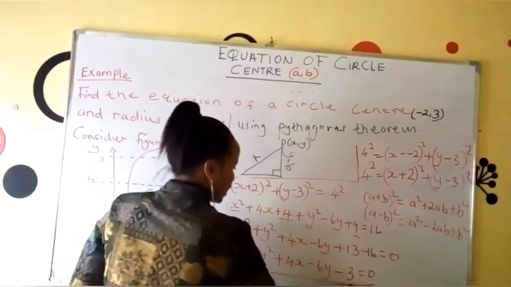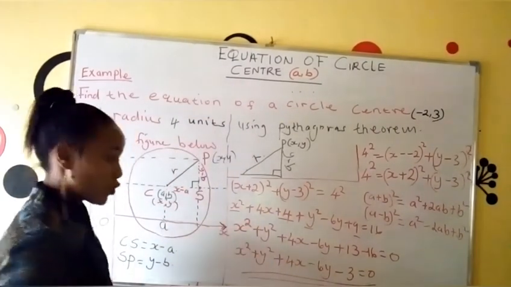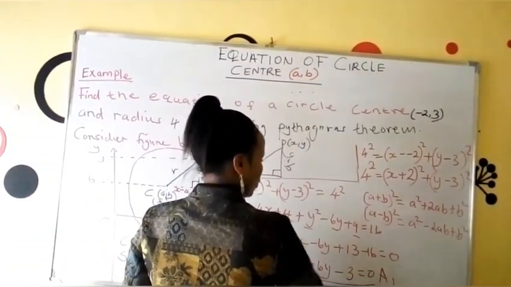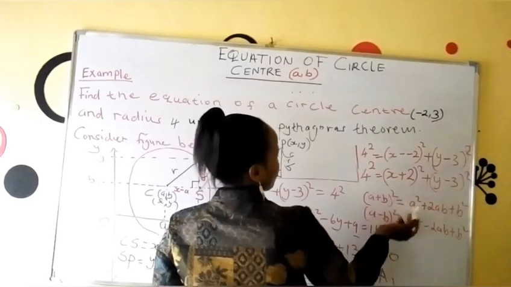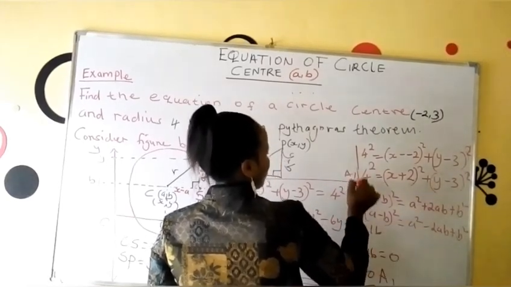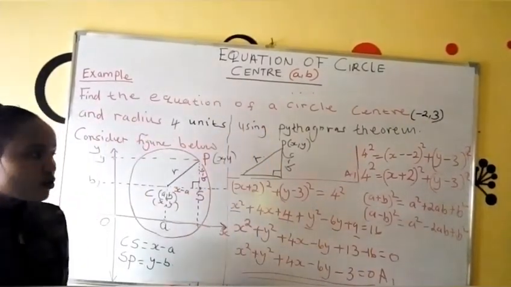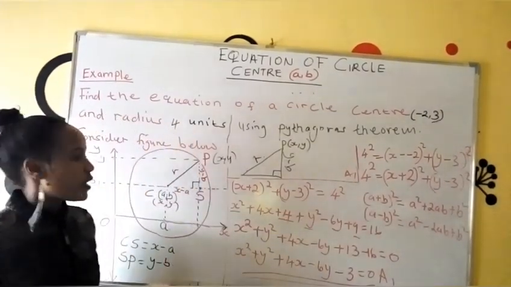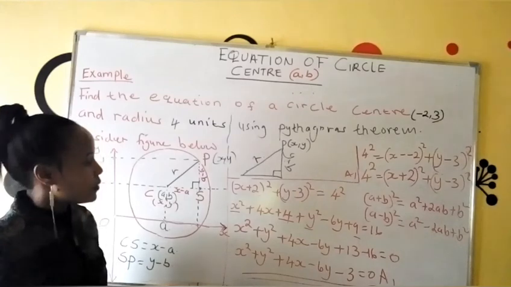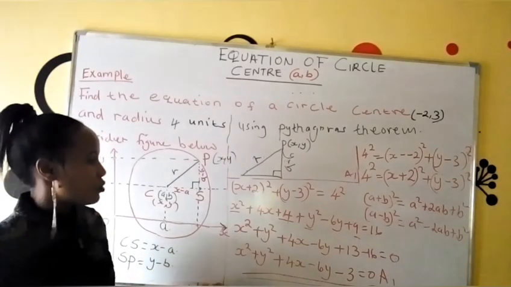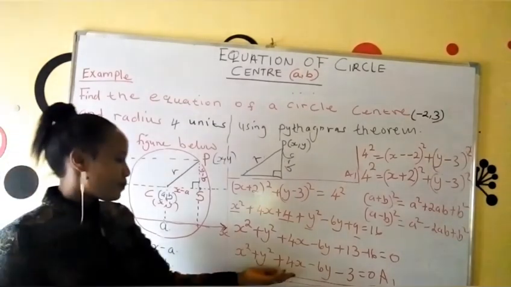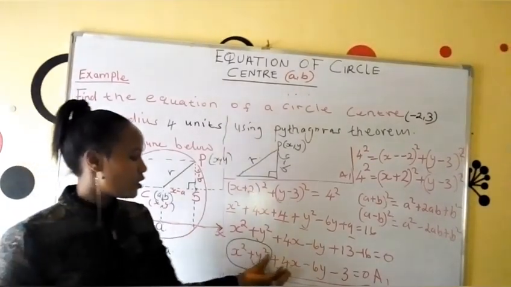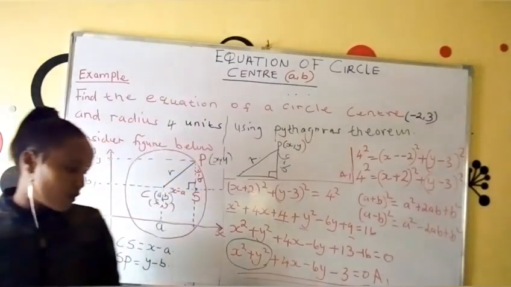So this one is also an equation, and even this one is an equation. So it is up to you to know whether you leave it at this point or this point. All the answers are accepted unless you are told to expand. But looking at the expanded form, it is an indication that the equation is of a circle.